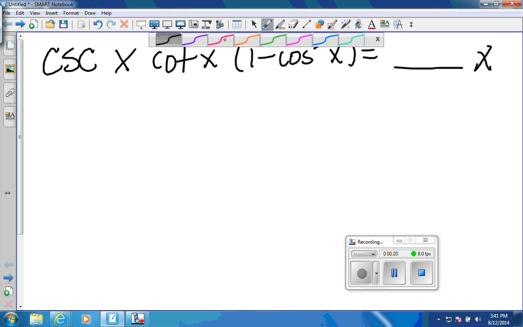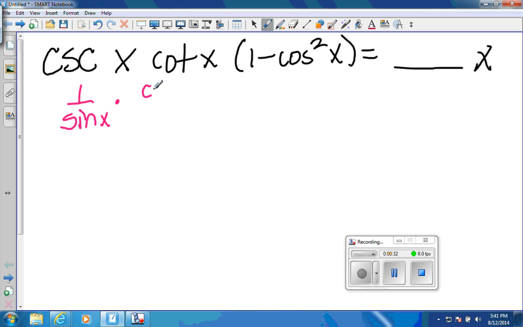All right, so first off, cosecant of x, that's the same as 1 over sine, and times cotangent of x, and cotangent is the same as cosine over sine. And then by your identities, 1 minus cosine squared is the same as sine squared.